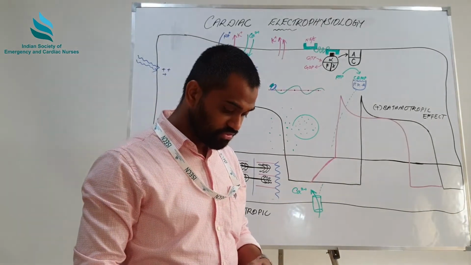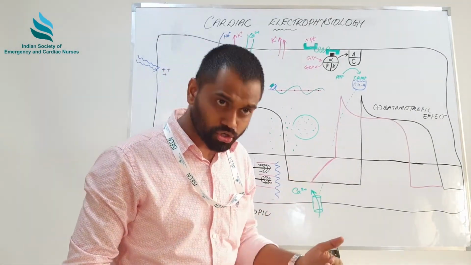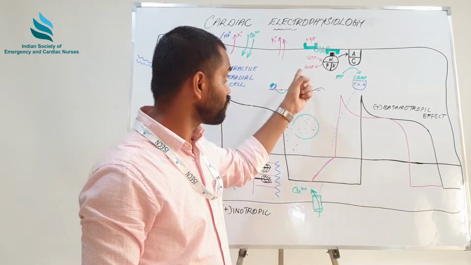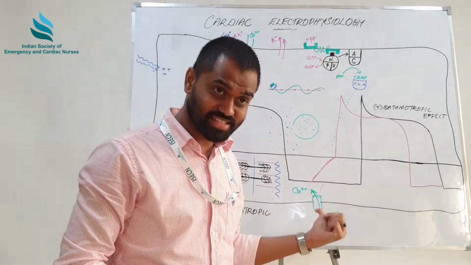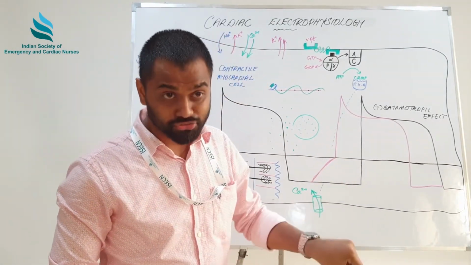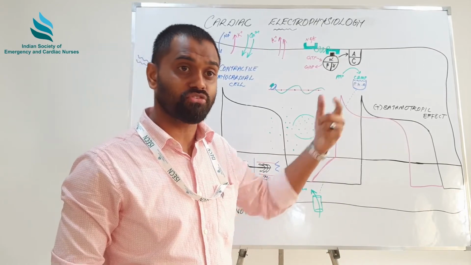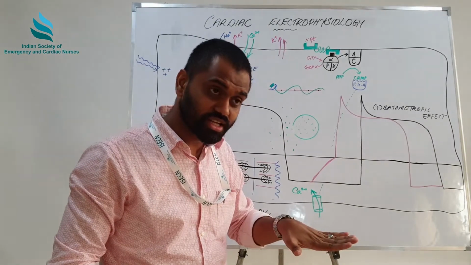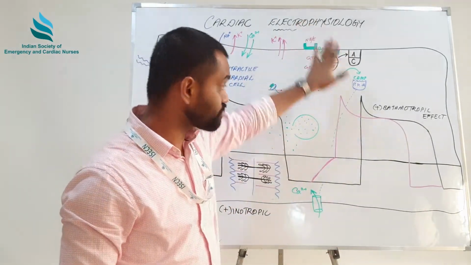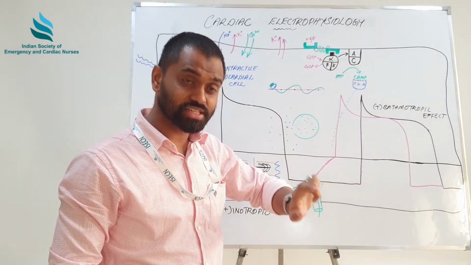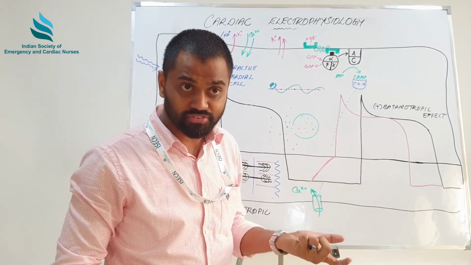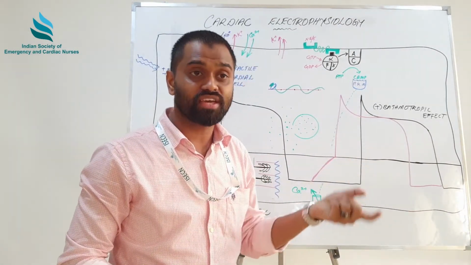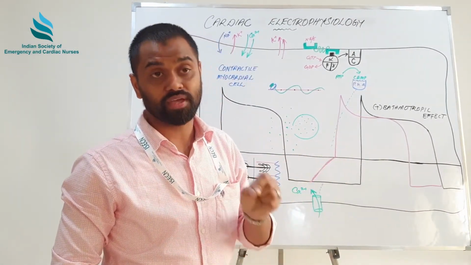So to sum up, we have positive chronotropic effect under the influence of sympathetic pathway in SA nodal cell, and negative chronotropic effect under the influence of parasympathetic pathway in SA nodal cell. Coming on to AV nodal cell, under the influence of sympathetic pathway we have positive dromotropic effect, and under the influence of parasympathetic pathway we have negative dromotropic effect.